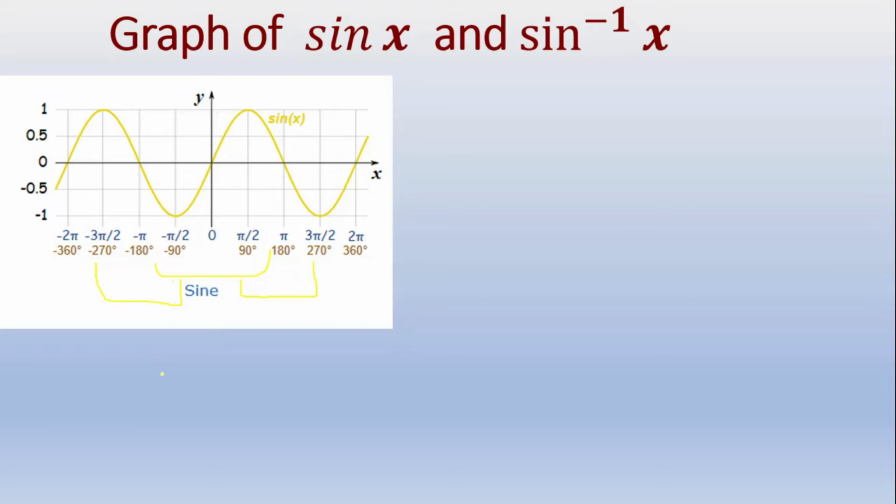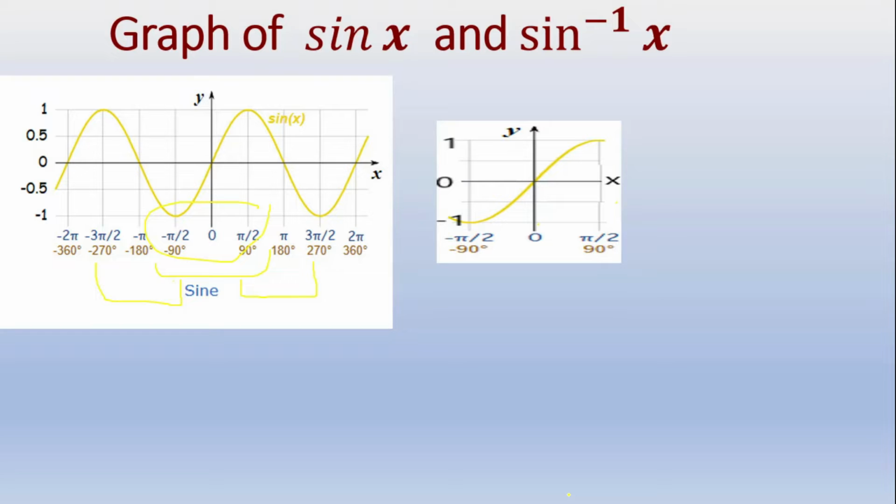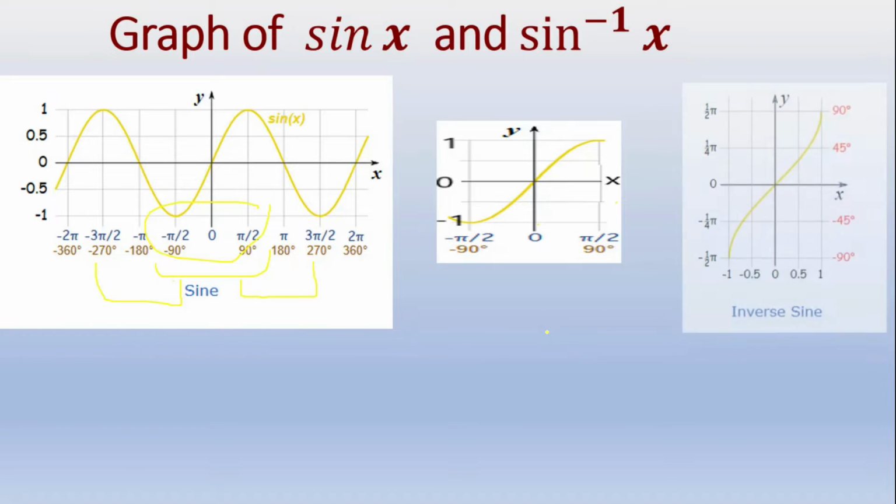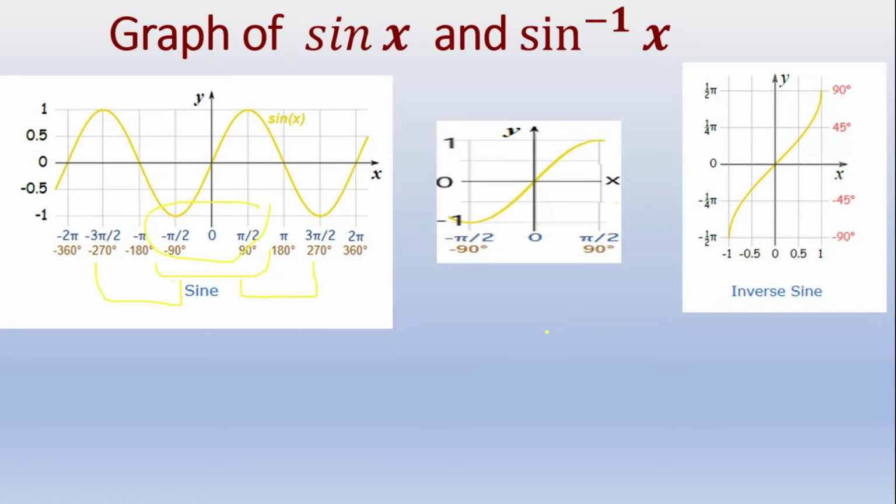Here we will take the interval -pi/2 to pi/2. This interval is also known as the principal value branch for sine inverse x. In this interval you can see the function is 1-1 and onto. Here is the graph for inverse sine.